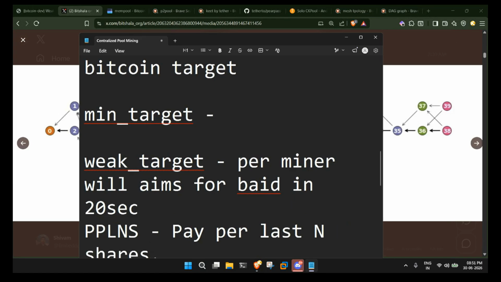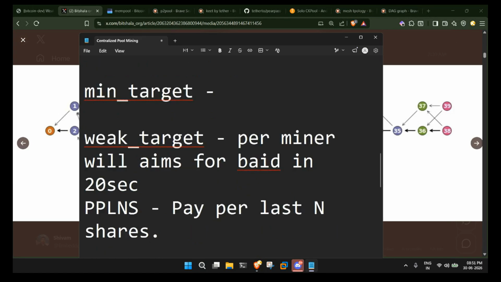It means if Bitcoin was mined in 100 shares, then whoever was contributing within those last 100 shares will get the reward. That means if you are consistent and keep contributing 24/7, you will always be eligible for your reward.